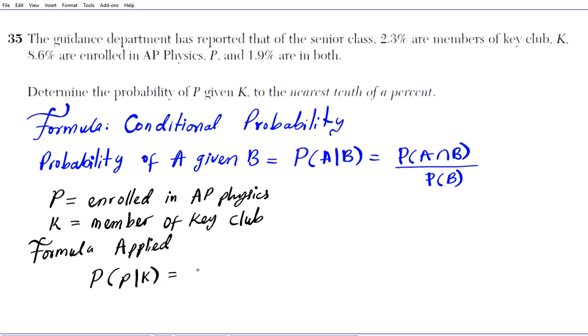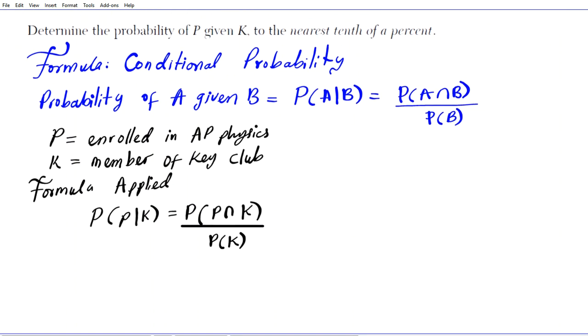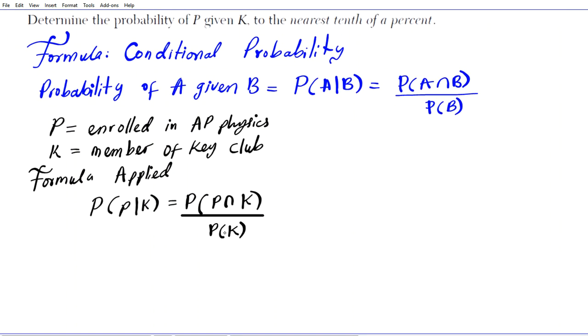That's going to be equal to the probability of being enrolled in Physics P and being a member of Key Club K, divided by the probability of being a member of Key Club K.